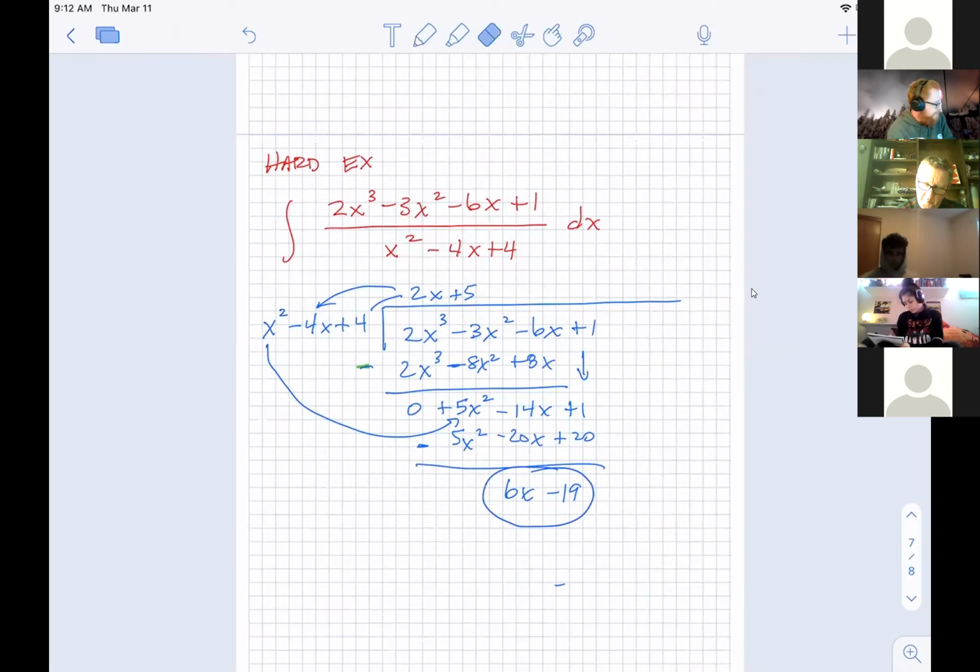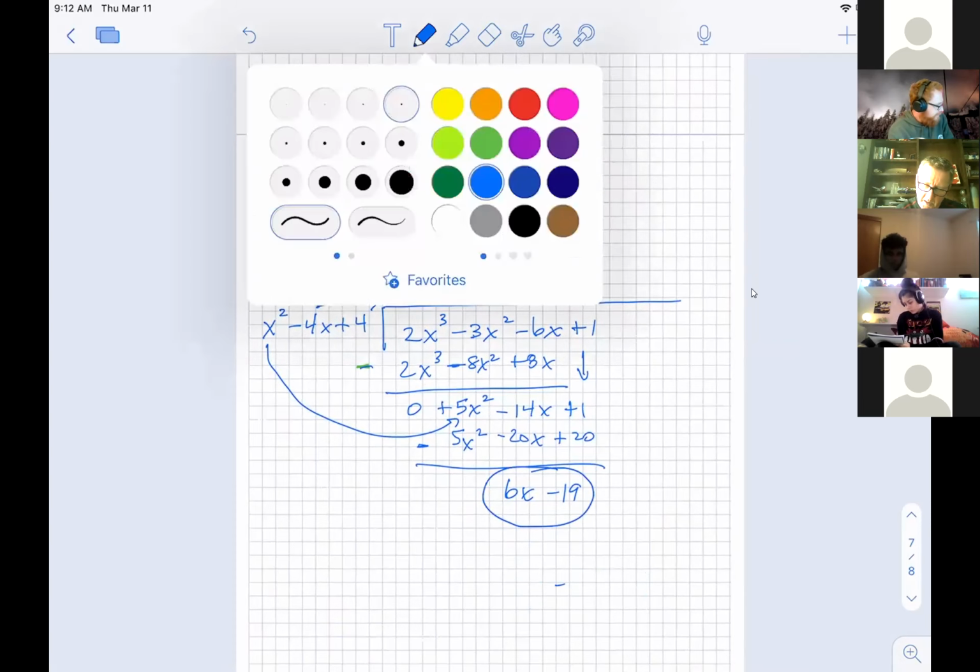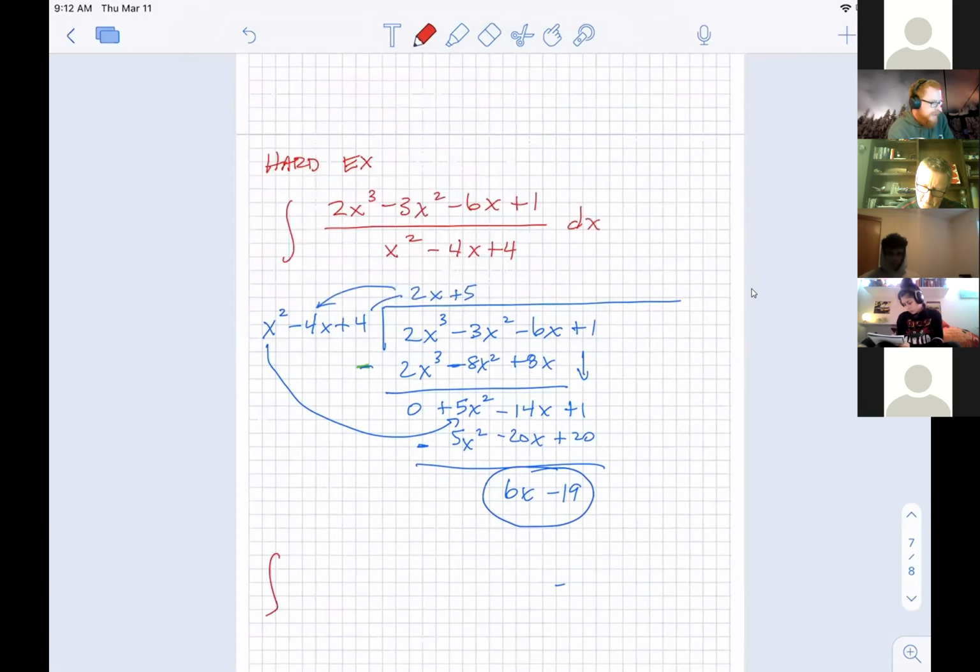So in other words, our problem just became the integral of 2x plus 5 plus our remainder, which was 6x minus 19 over our denominator. That's our new problem.